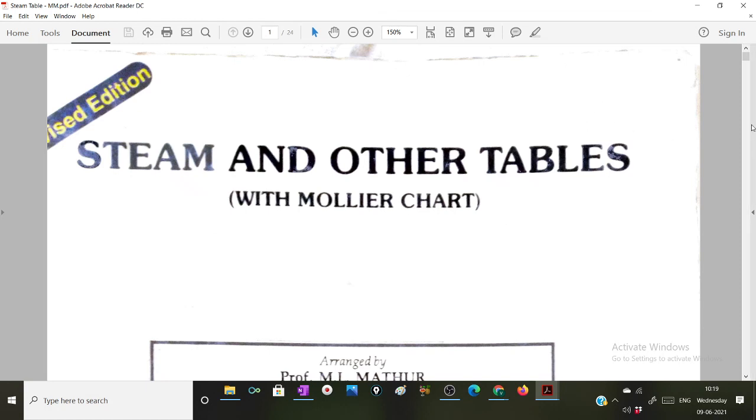Now, at 5 bar, we are supposed to find some of the properties which will help me to get the required properties as asked in the problem.